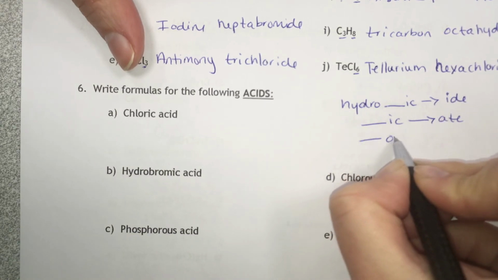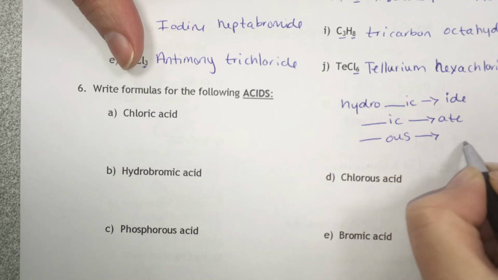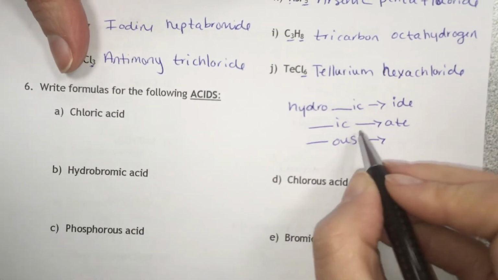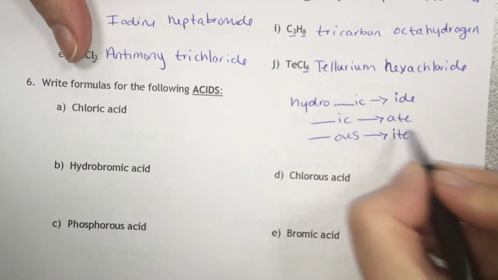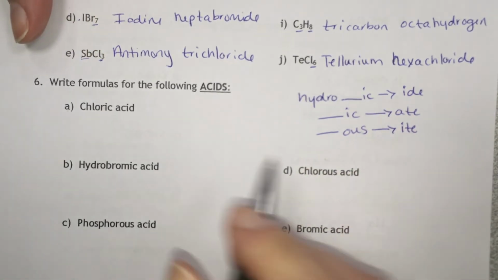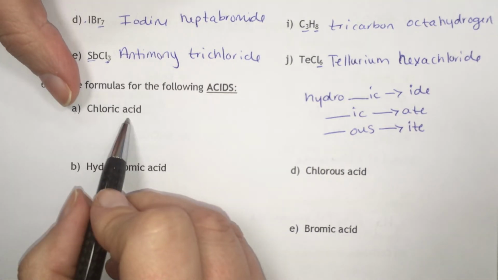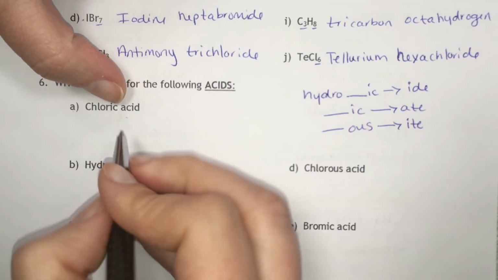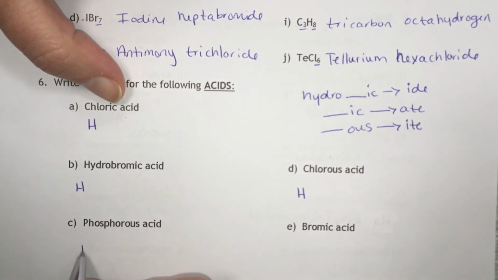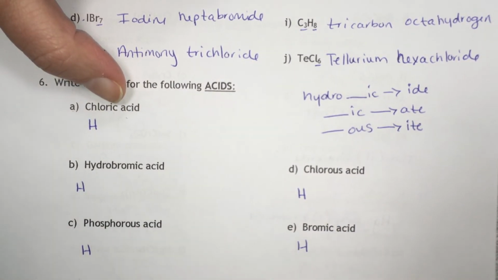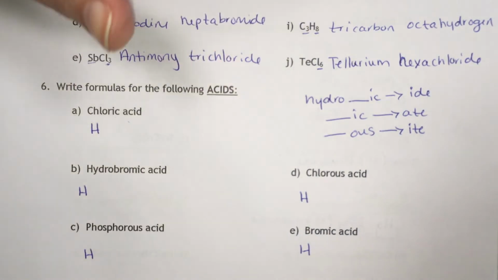If it was something ous, the original ending was "ite." So we have chloric acid. Every single one of these starts with H, because that is the definition of an acid.